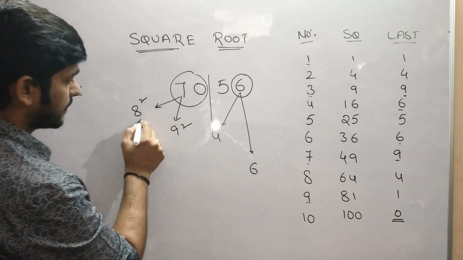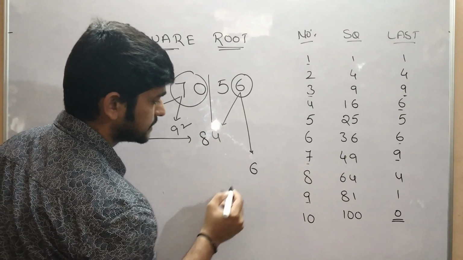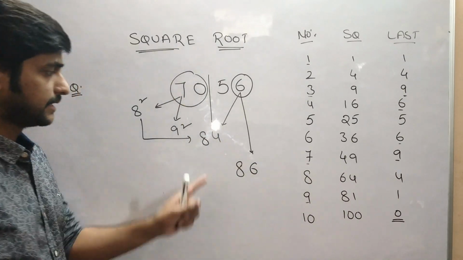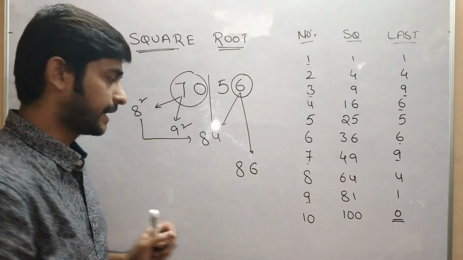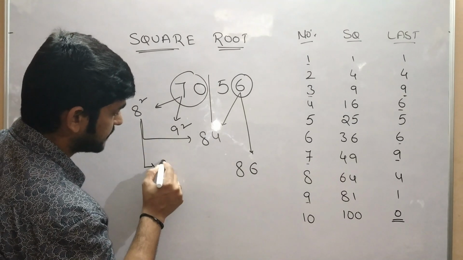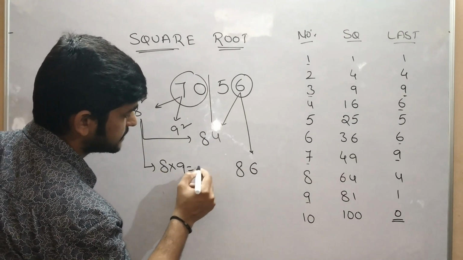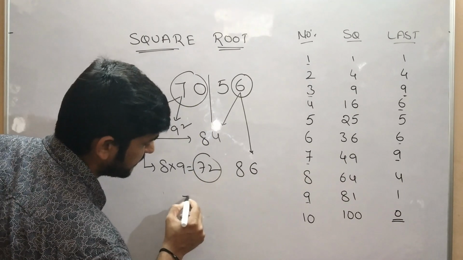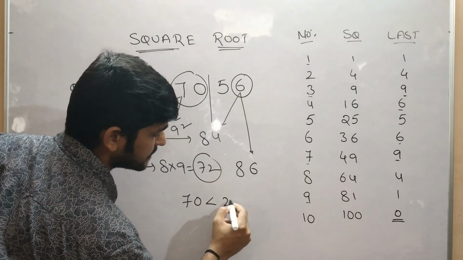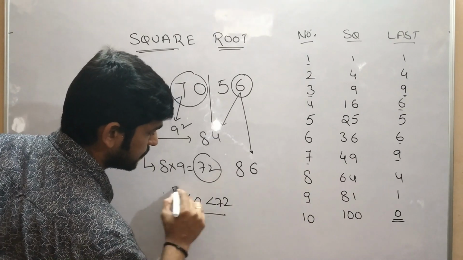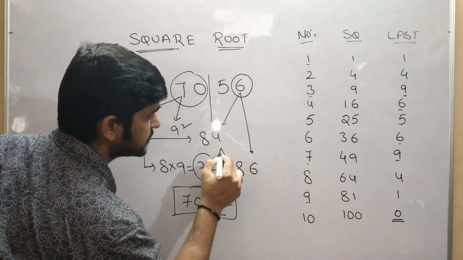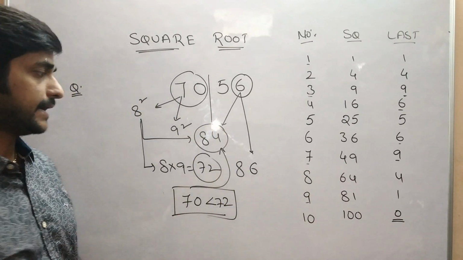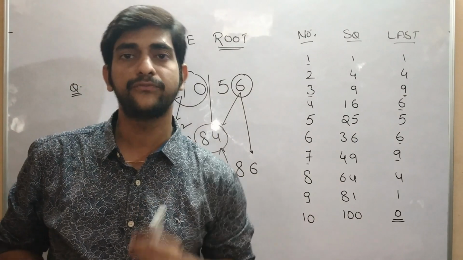We need to consider the least one anyhow. So this is 84 or 86. To decide 84 or 86, we multiply 8 with the next number. 8 9s are 72. So here we get 72 and here we have 70. 70 is less than 72. So what do we consider? The least value of these two. The answer for the question is 84.